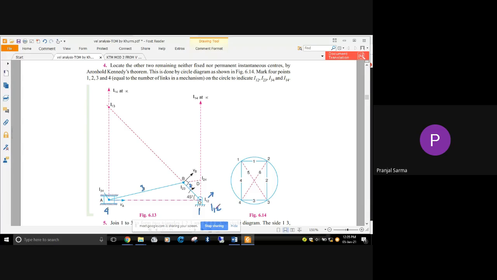Similarly, this is link 2 and link 3, a pin joint, so I23 will lie there. Here once again we have a pin joint, link 3 and the slider, link 4. In between them, I34 will be there. So these 3 are done.